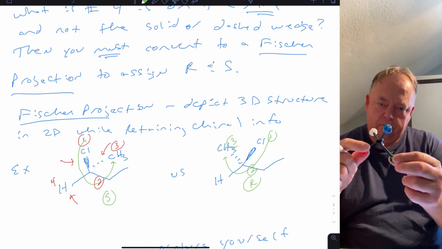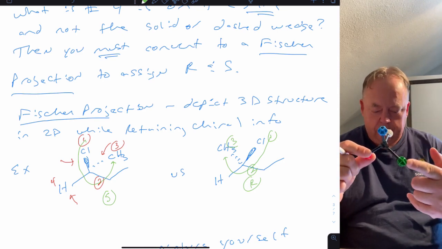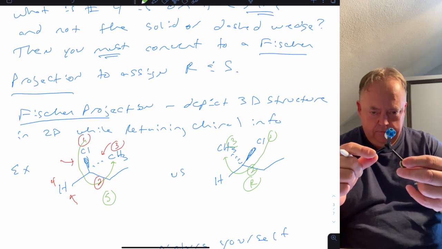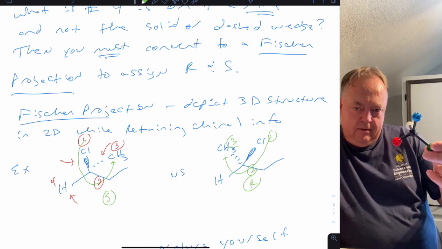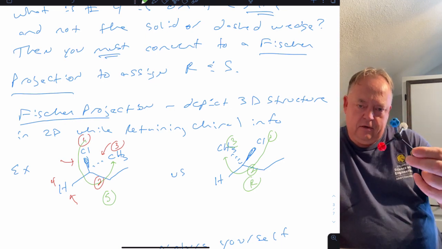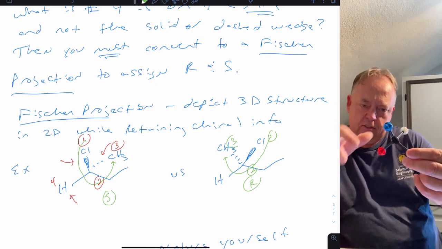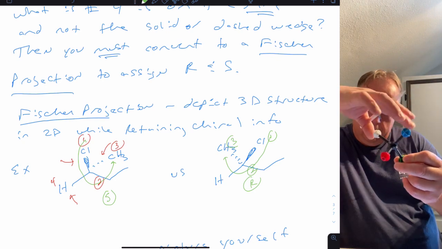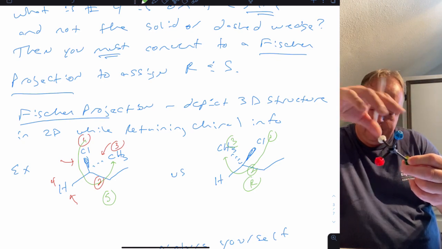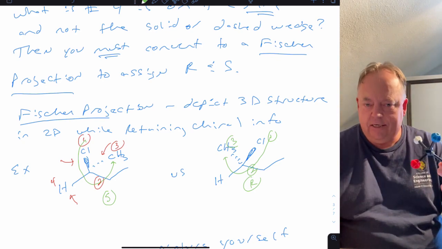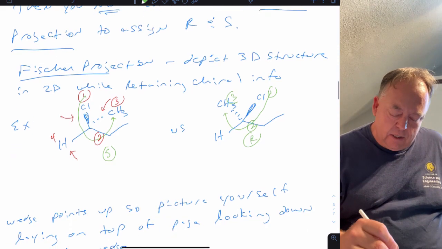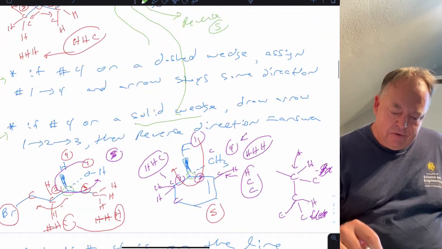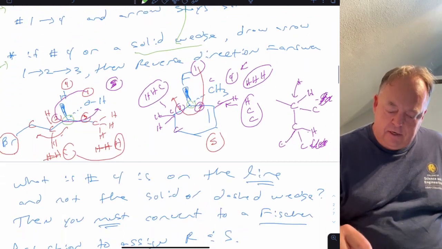It's simply drawn from a different perspective. If this is the green, that would be number 4. So it's on your right like that. And if I do this, it's still on your right. But it flipped these two, the blue and the white, which basically changed the direction of the arrow, but it did not change the molecule. So the point is, if number 4 is on the line, you cannot use this method. You have to use a different method.